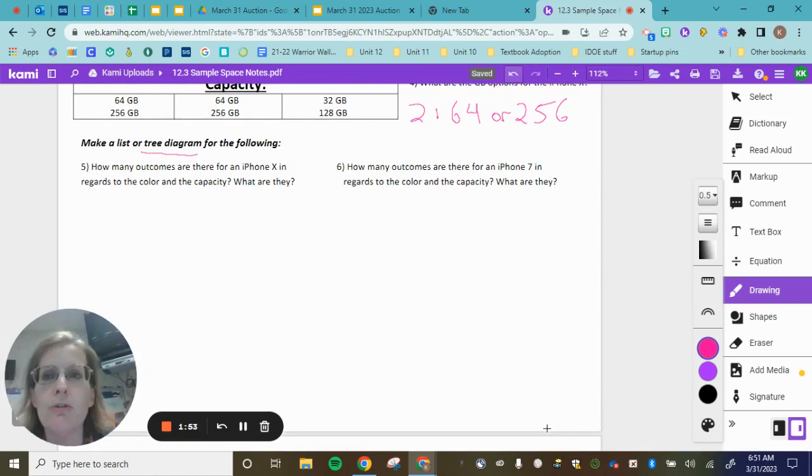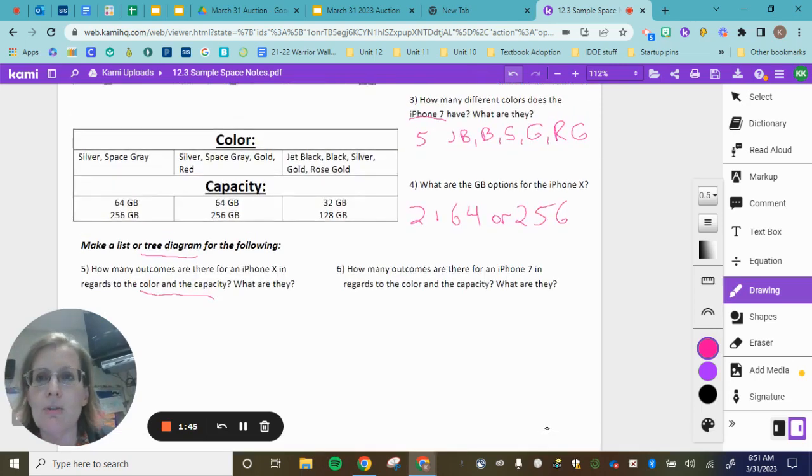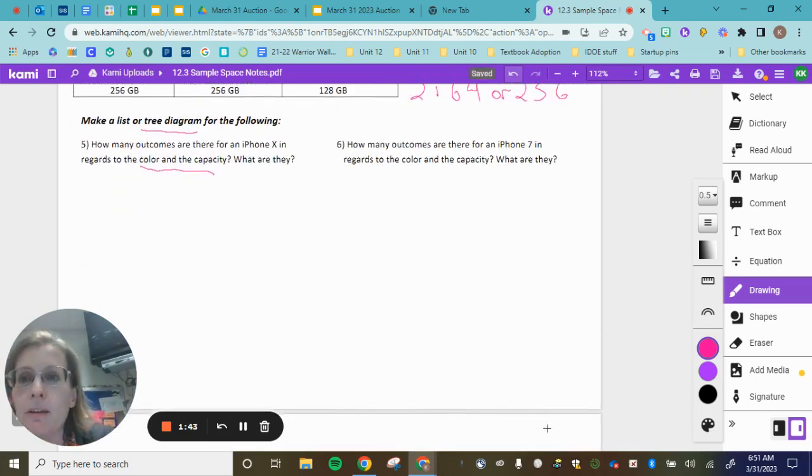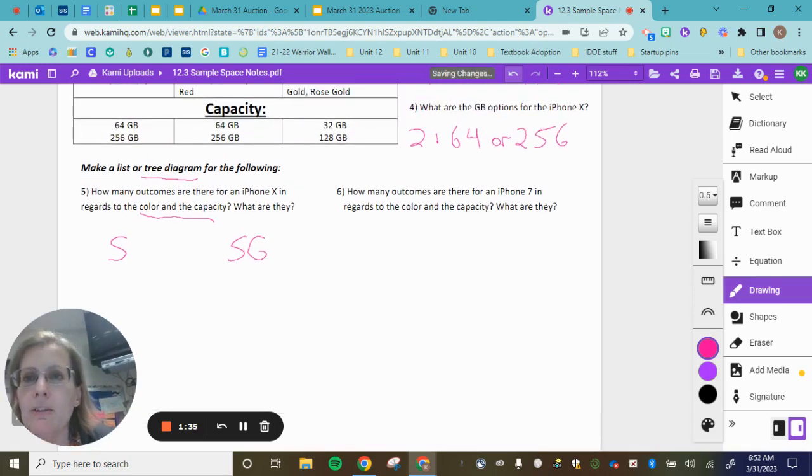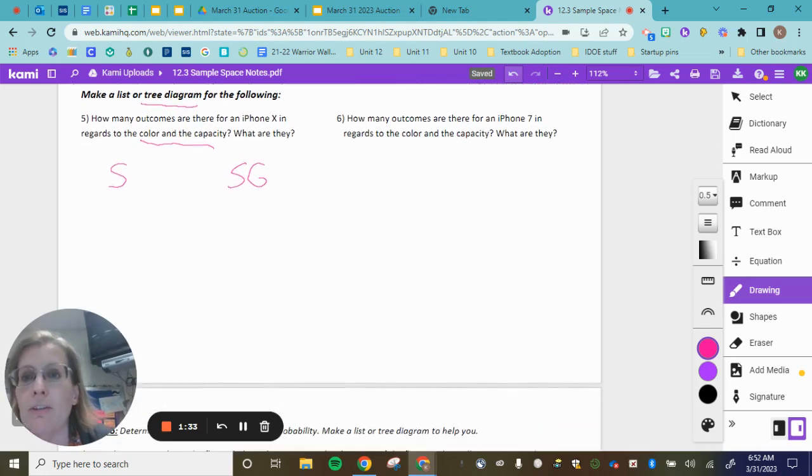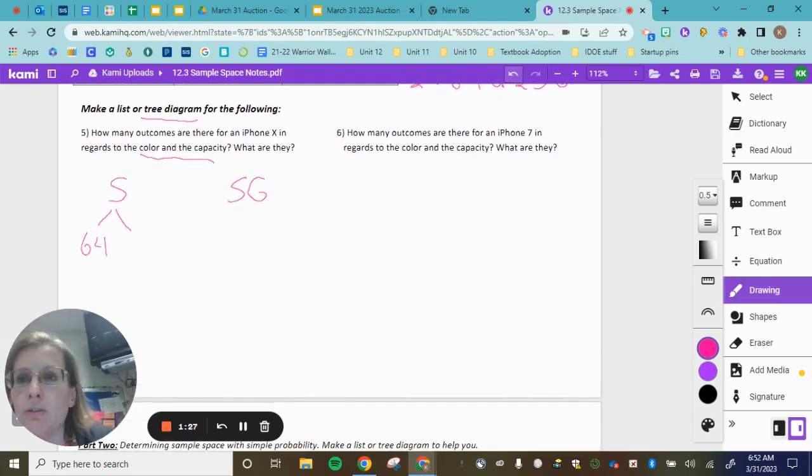So you start with your first choice. This says how many outcomes are there for the iPhone in regards to color and capacity. So how many choices were there for color? There were 2. So that's the top of our tree diagram: silver and space gray. Then we list our other ones. It could be silver and 64, so we got a branch off that. Could be 64. We have a branch off that, or it could be 256.